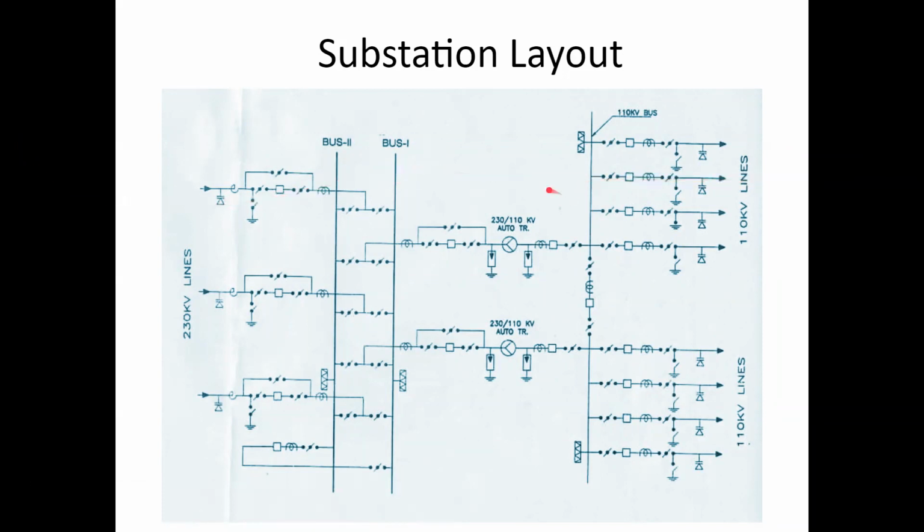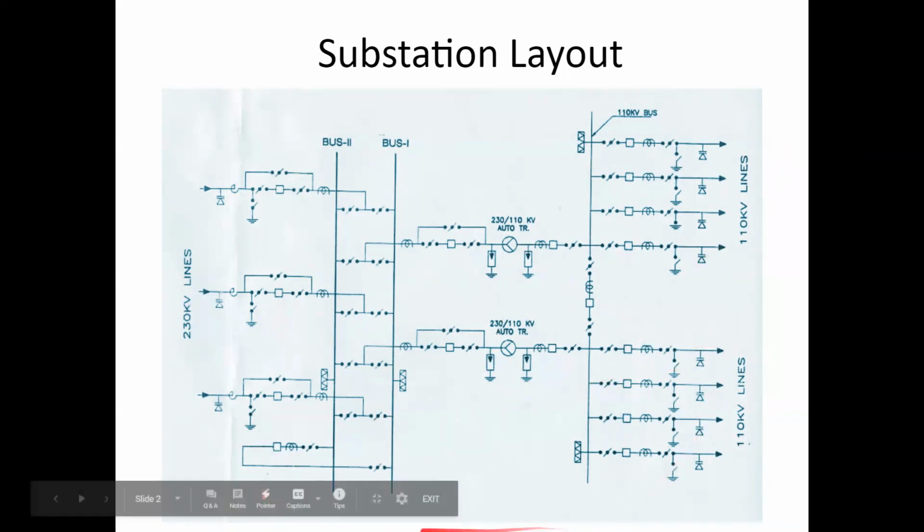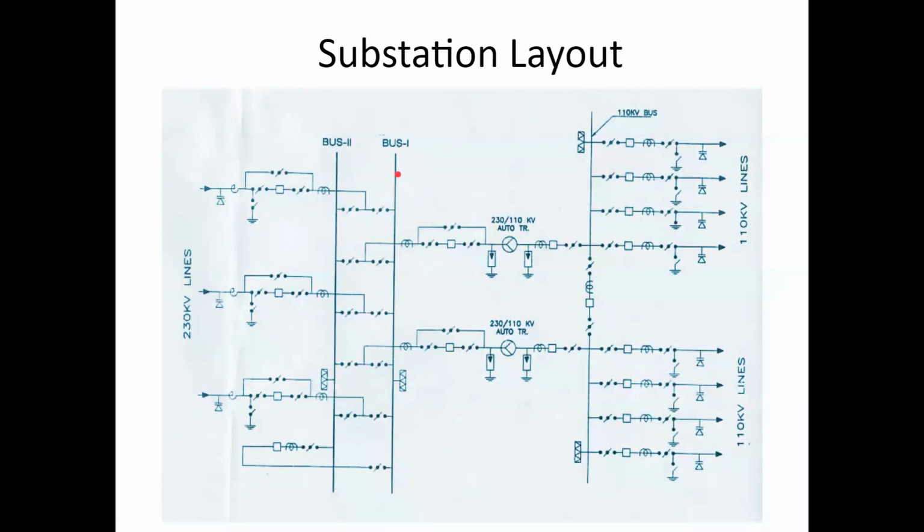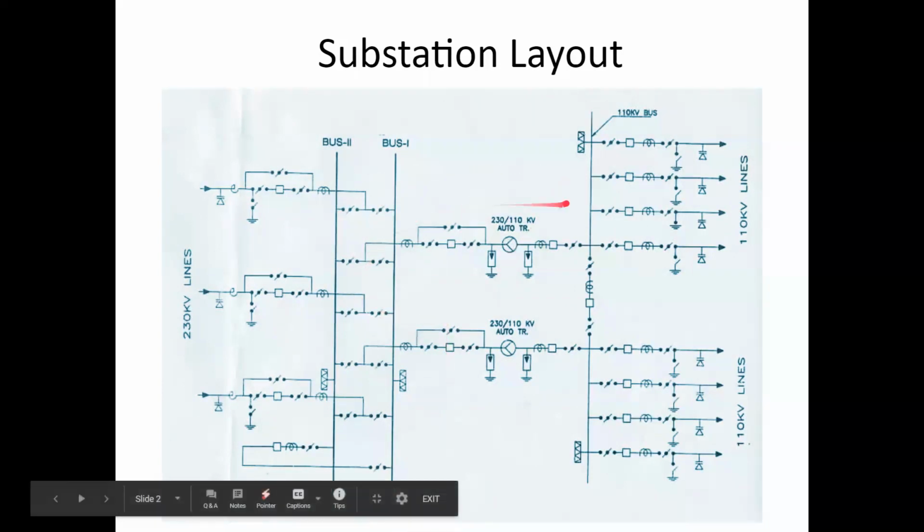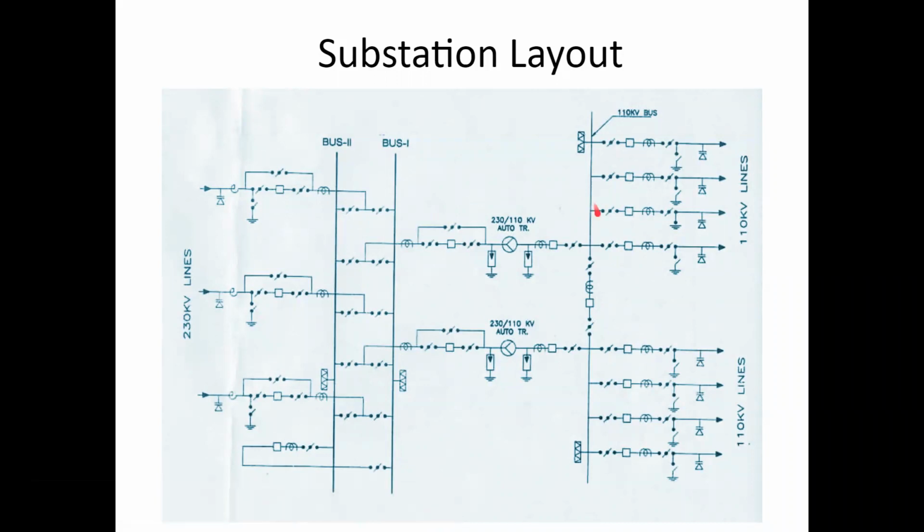So it can be a two bus bar system, or a single bus bar system. It's not strict that it must be single or double bus bar. In the same substation, one side can be double bus bar and the other side a single bus bar system.